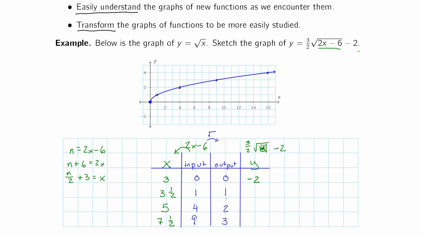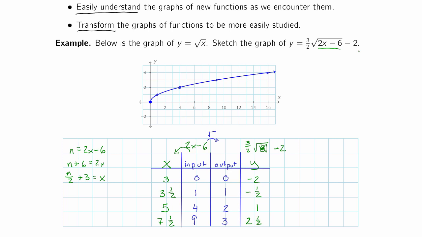When my output is 1, 3 halves times 1 is 3 halves, minus 2 is negative a half. Output is 2, 3 halves times 2 is 3, minus 2 is 1. Output is 3. 3/2 times 3 is 9/2. That's 4.5. Minus 2 is 2.5.